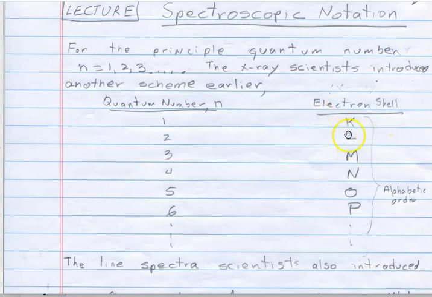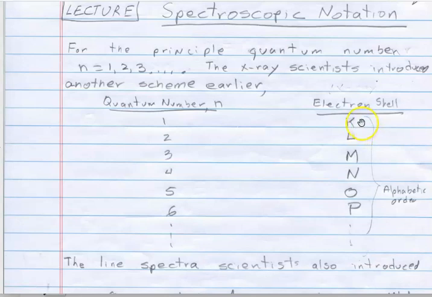You might ask, well, why did they start with K? Well, they'd been burned a few times before with deals like this, and so they thought there might be shells even closer to the atom nucleus than these.